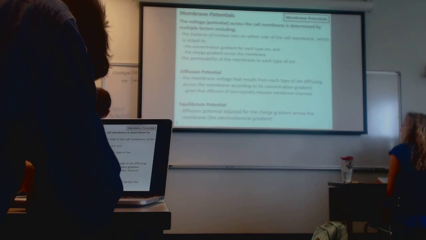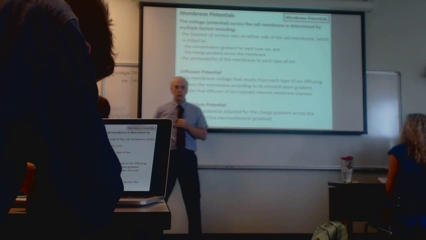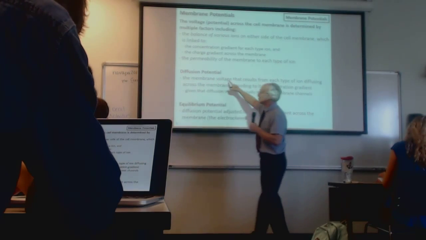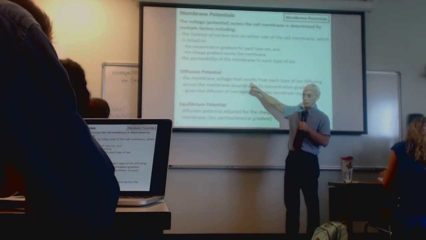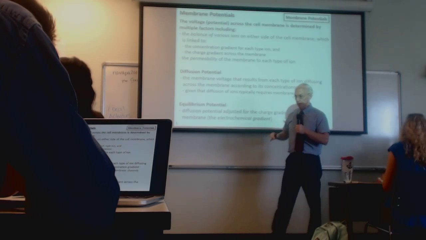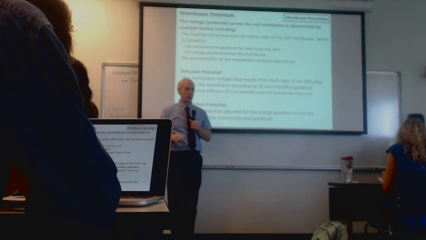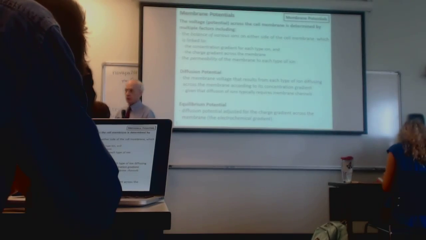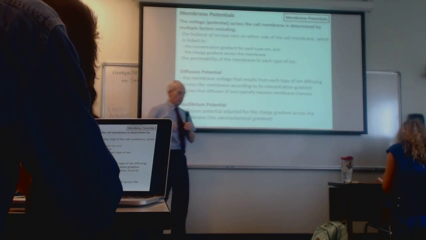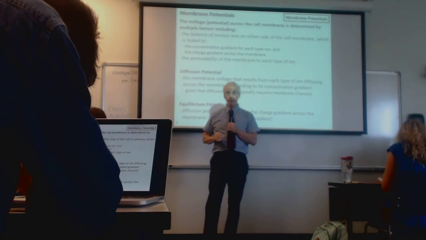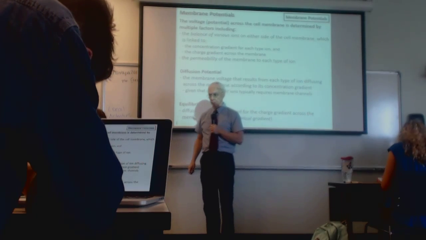So there are two primary factors that determine the flux of ions across the membrane. Number one is concentration, described by diffusion potential. And as George points out, the other one is the electrostatic charge gradient, such that the positively charged sodium ions, as they try to work their way into the cell, are repelled by the increasingly positive environment of the cell interior.